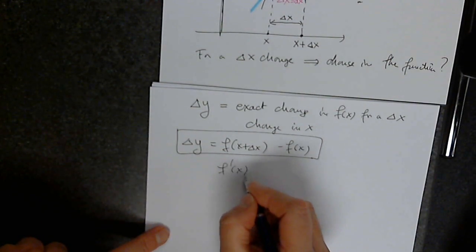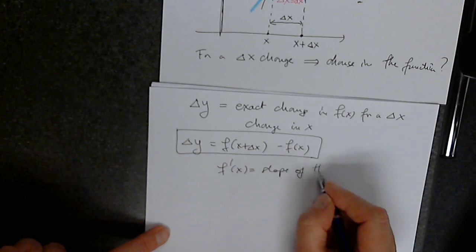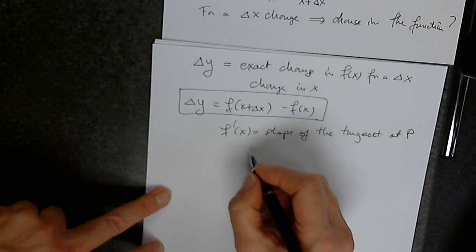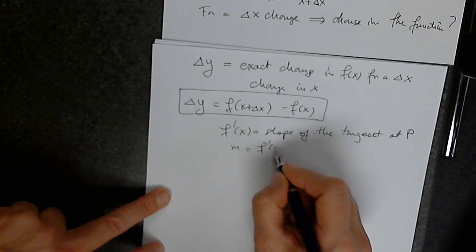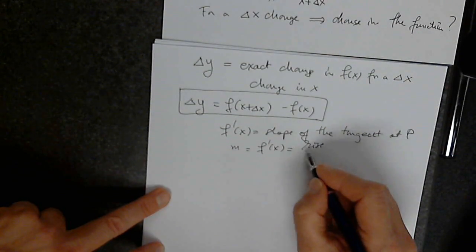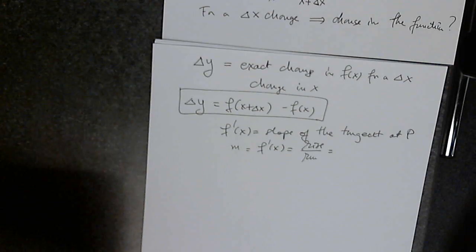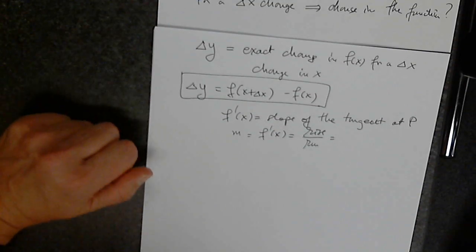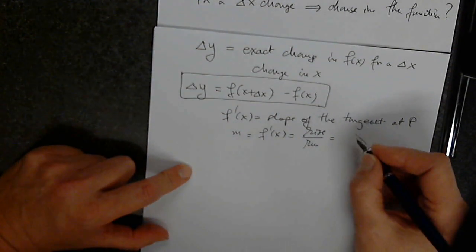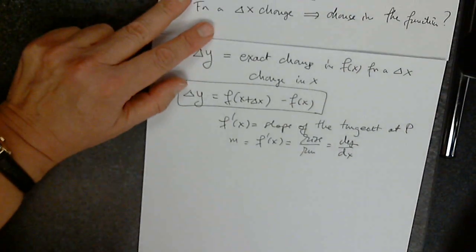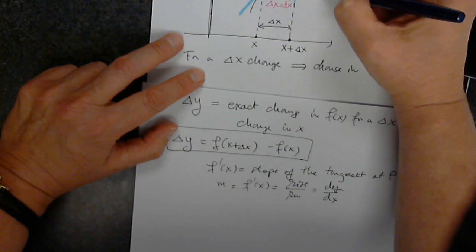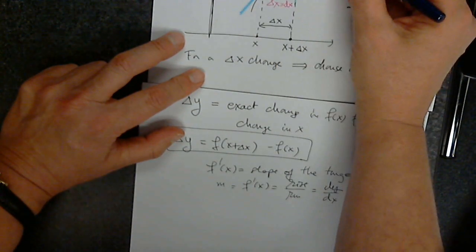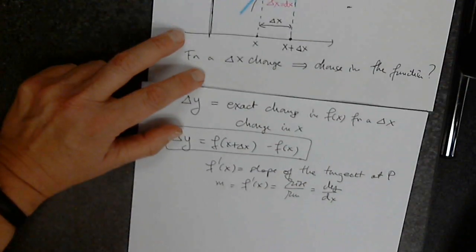So f prime of x, slope of the tangent at P, or m equals f prime of x, which equals rise over run. I know another notation of f prime, and we used it over and over in implicit differentiation. What is that notation? dy over dx. So therefore, this quantity must be dy, because this is dx. So f prime of x must equal dy over dx as we knew it.